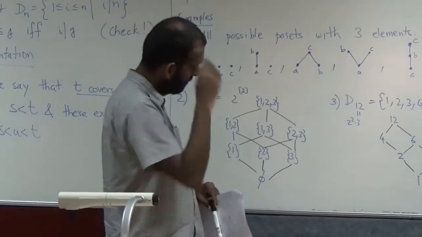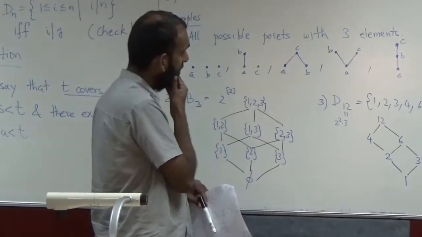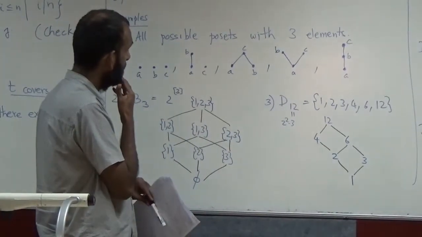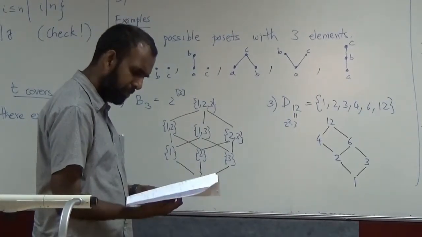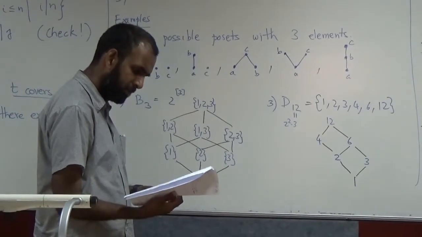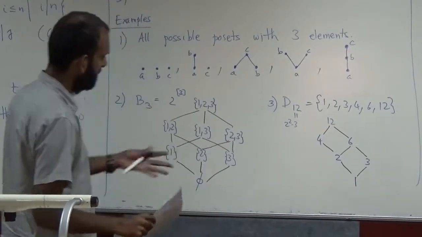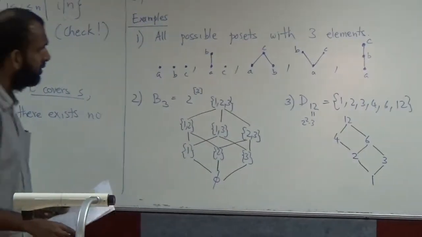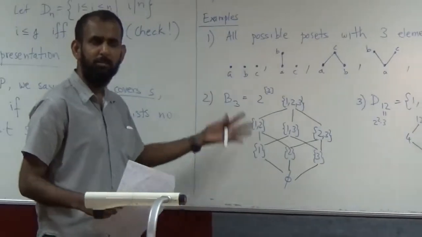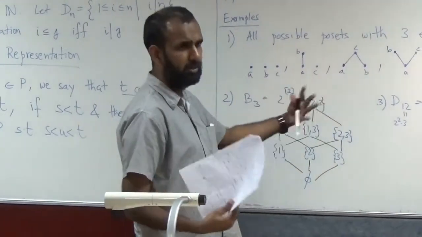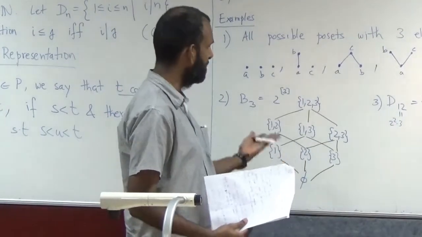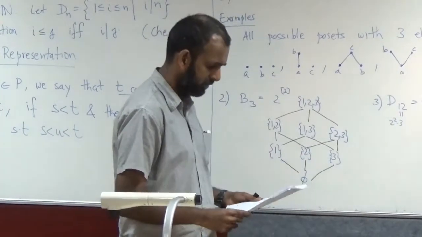This is sometimes called the divisibility poset, I think. Anyway, there's some name for it. So now you get some idea of how to visualize a poset in terms of the cover relations by drawing the Hasse diagram.